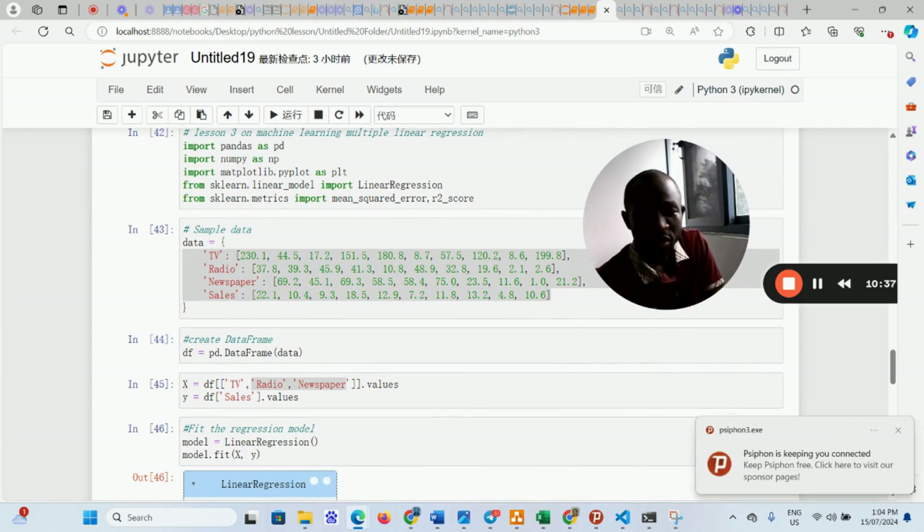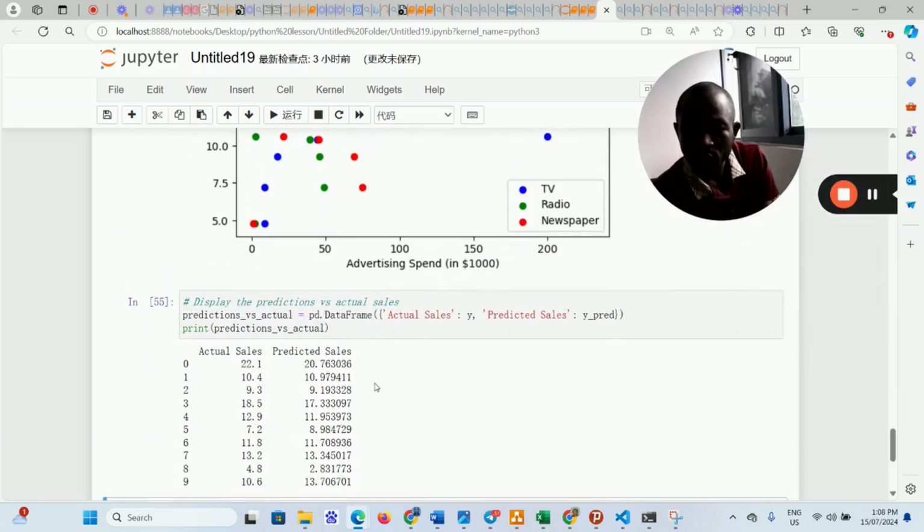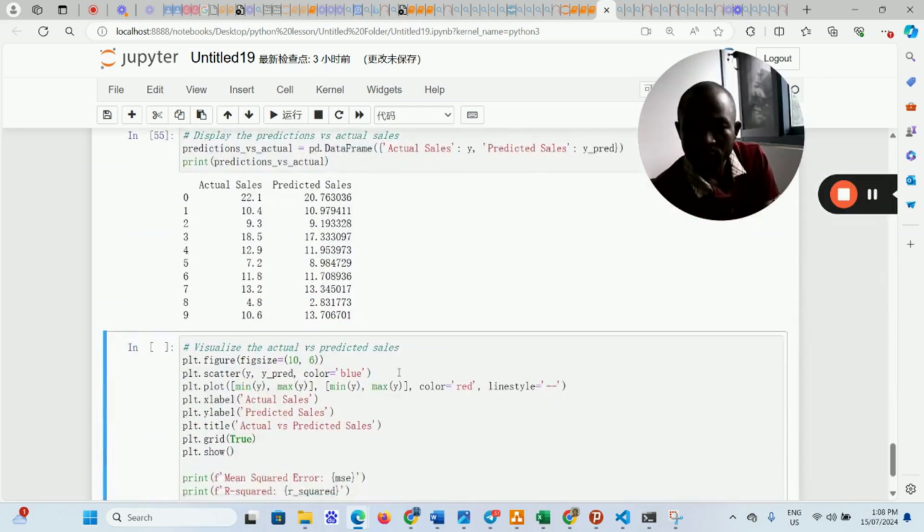So the combination of this will give a good sale. Are we there? So if we use only TV, we are not going to have a good sale. If you combine these three, each one has an influence on the sale. Are we together? Yes. So when we have this, now we move on.